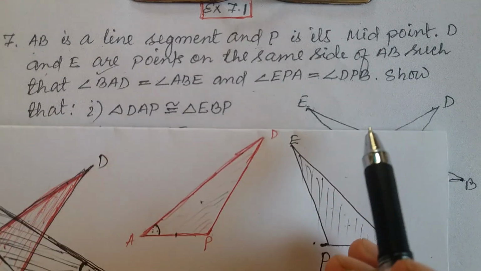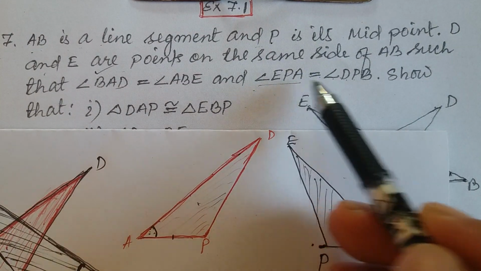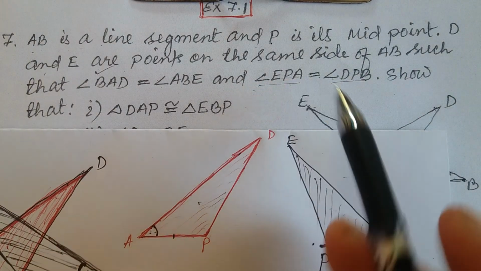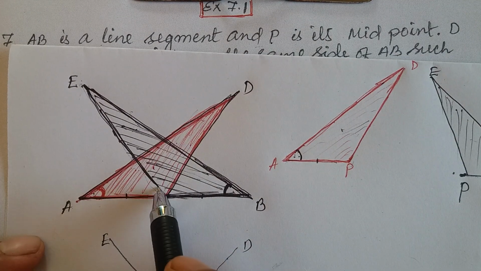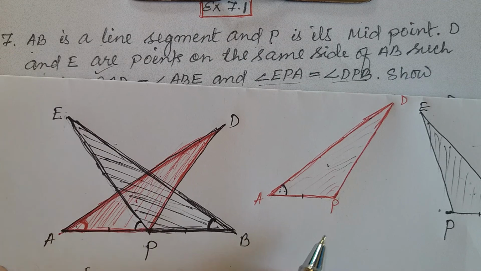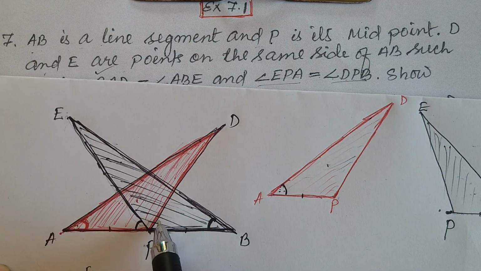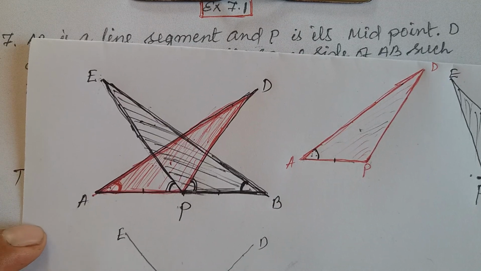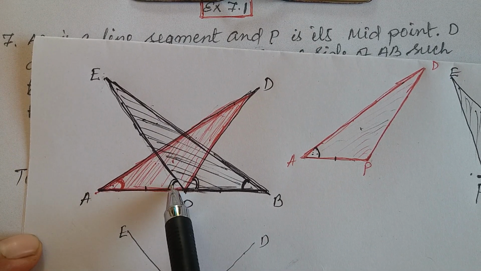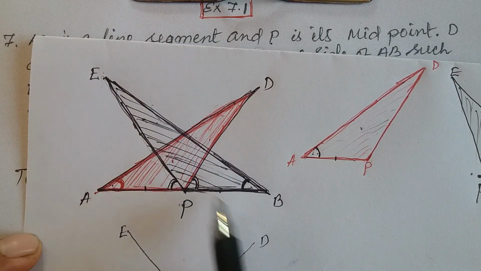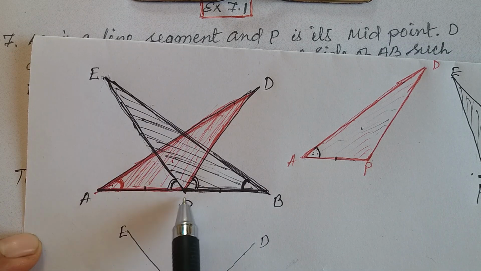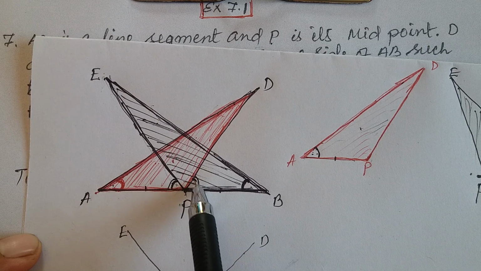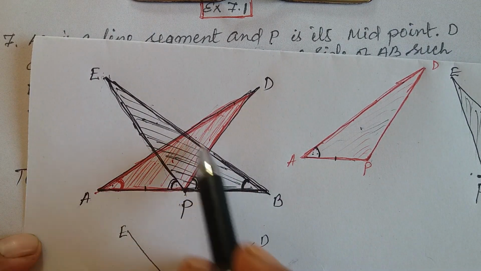Now another point which is given here is that this angle is equal to this angle, angle EPA and angle DPB. This angle does not belong to any of the triangles, and moreover this also does not belong to any of the triangles.